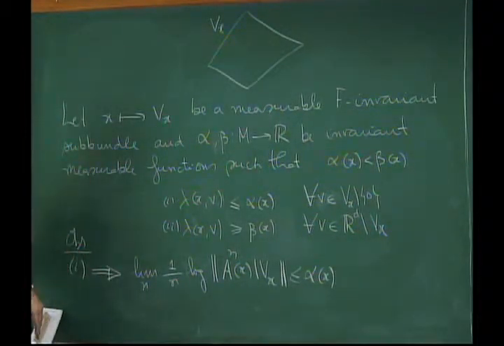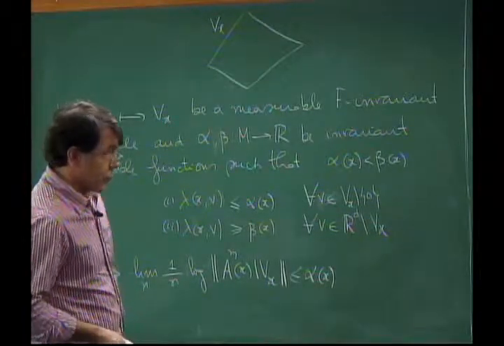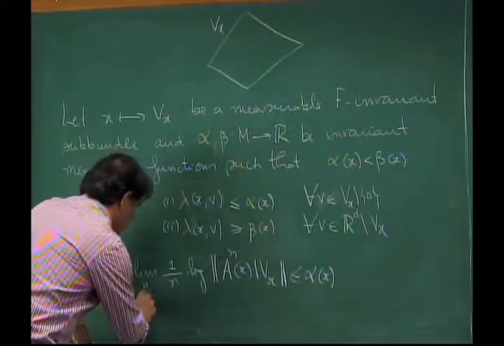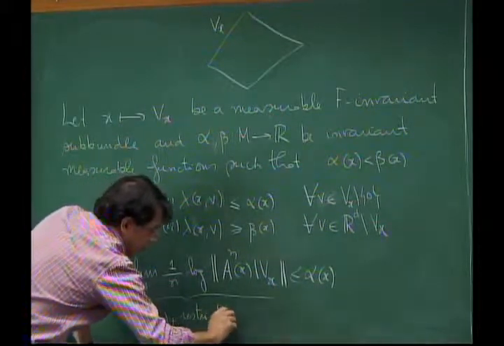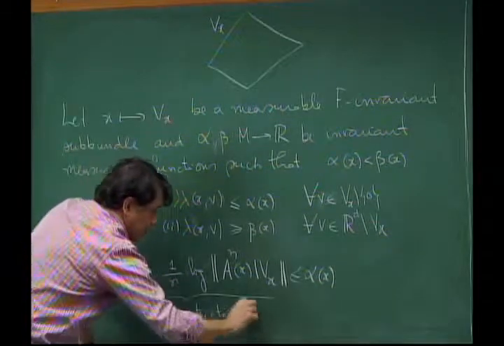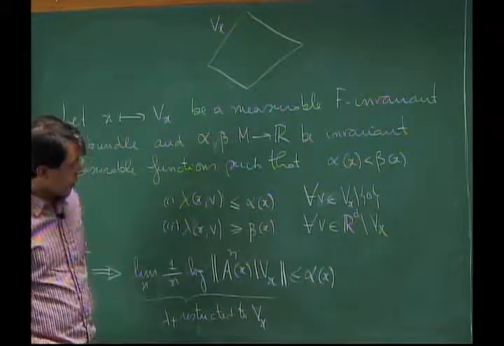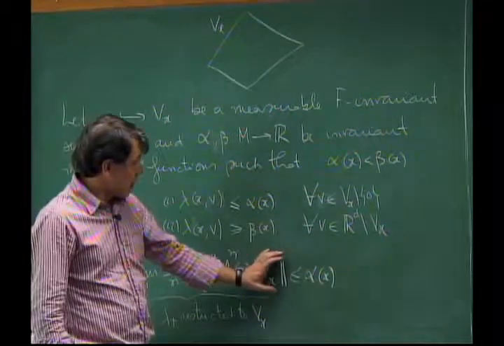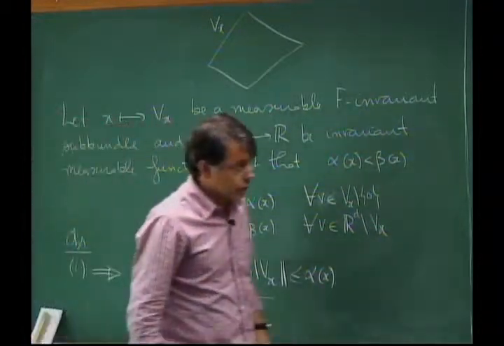So vectors inside V grow slowly, vectors outside V grow fast, and this observation is an immediate consequence of this proposition, because what is written here is lambda plus restricted to V. This is the growth of the norm of the restriction to V, and by the proposition, that is the same as the maximum growth of vectors in Vx.